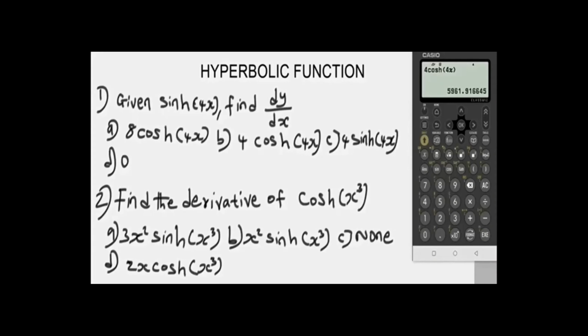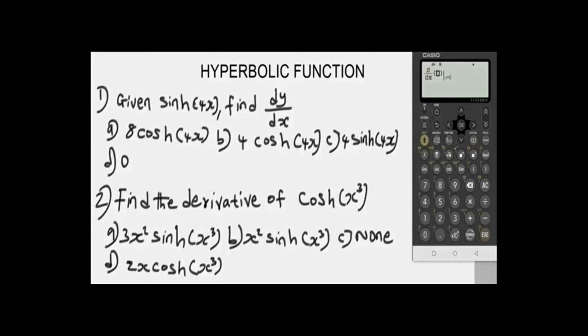Alright guys, let's do one more question under this, so you understand this better before we end this video. For question 2, it says find the derivative of cosh in bracket x to the power 3. To find the derivative of this function, as usual, let's get the derivative symbol. So press this catalog button, function analysis, derivative, first option. So that's it.